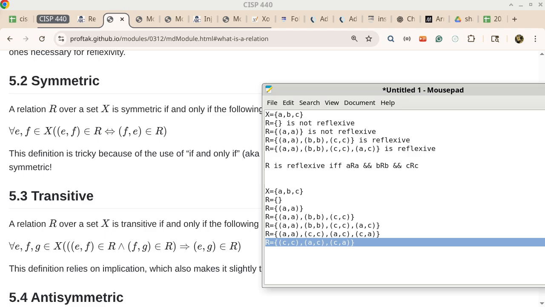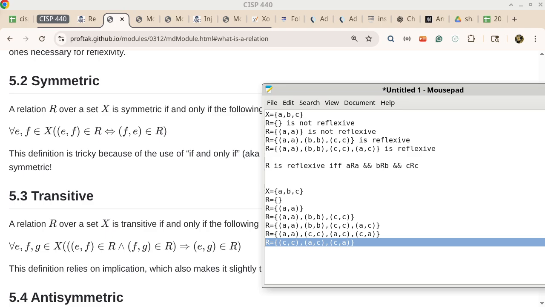C, right? That means we are now looking for C comma something to be in R. And C comma something can either be CC or CA. So let's pick CA. So now we have fixed all three variables. E is A, F is C, and then G is A again. Are we good?